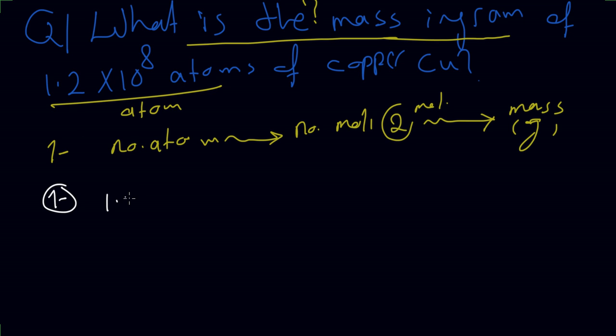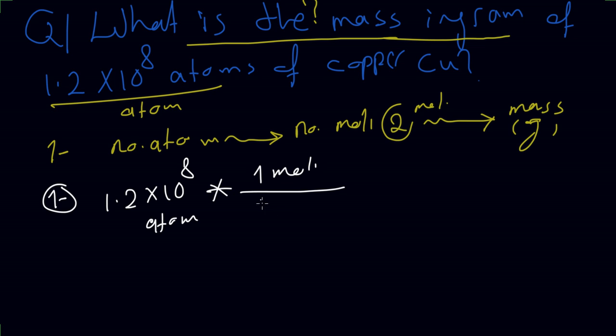Okay, first, how many atoms are given? 1.2 multiplied by 10 to power 8 atom. How can you change it to mole? By a conversion factor between mole and number of atom. Always we say 1 mole over 6.022 multiplied by 10 to power 23 atoms.